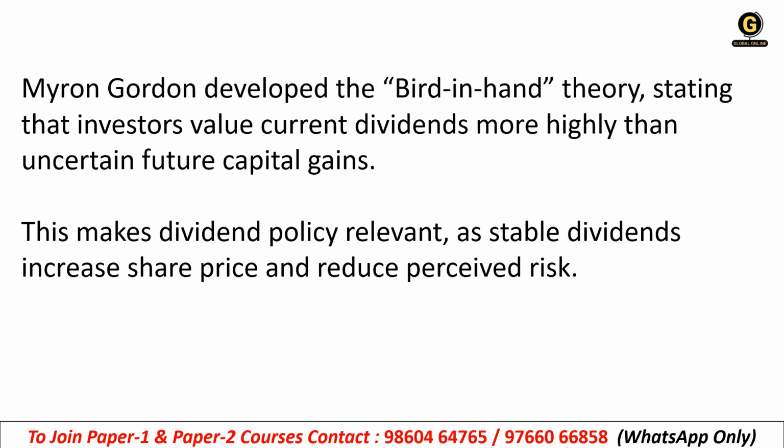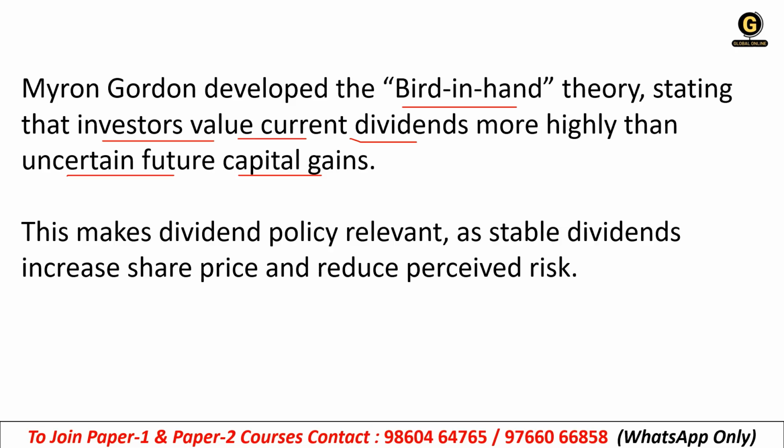See, Myron Gordon developed the bird in hand theory, stating that investors value current dividends more highly than uncertain future capital gains. Getting it? The people who are investing in the company's shares value current dividends more than the uncertain future capital gains.